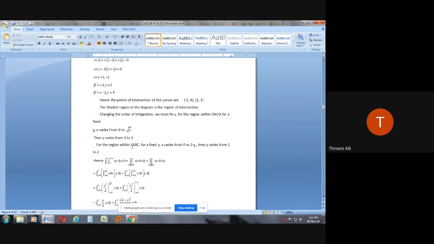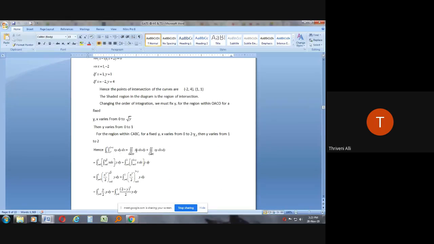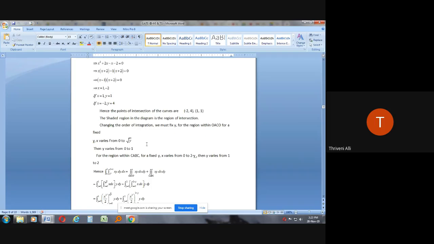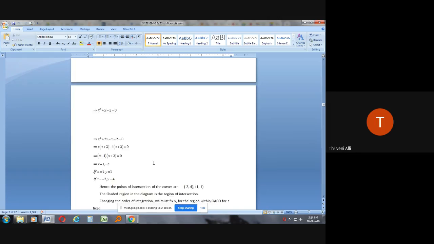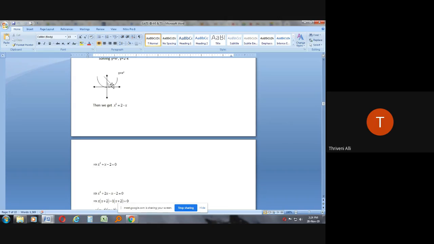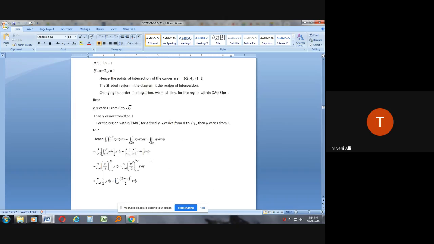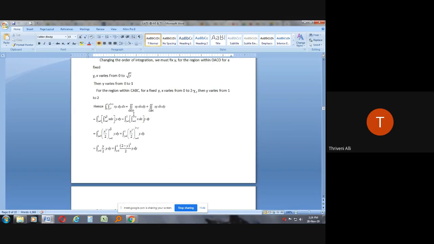So here we split the region. We split the integral along OACO xy dx dy, next CABC xy dx dy. This is the diagram. So here we split into two parts. In the first integral, x varies from 0 to root y and y varies from 0 to 1.